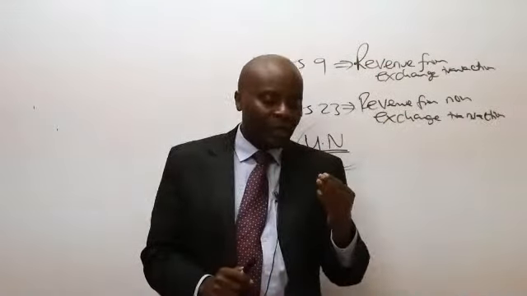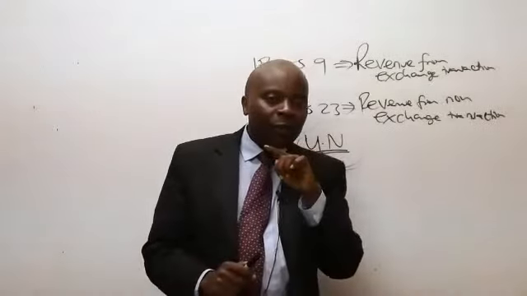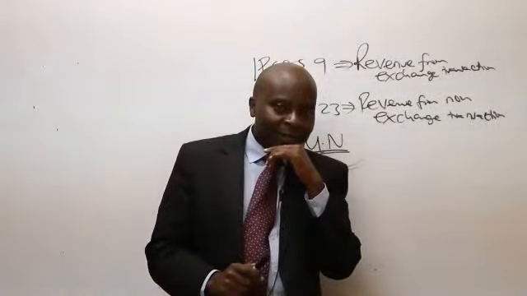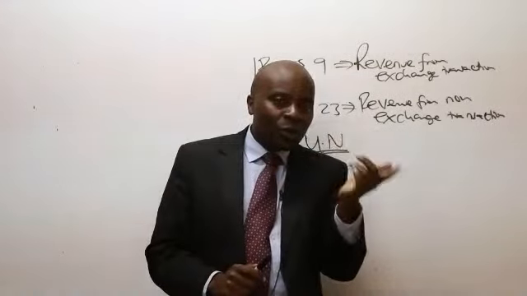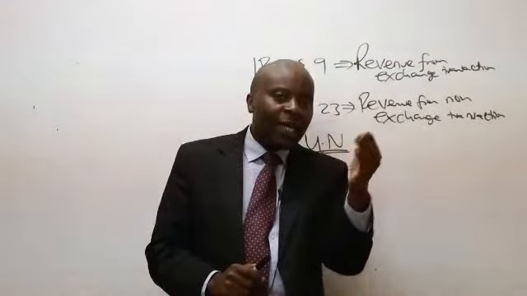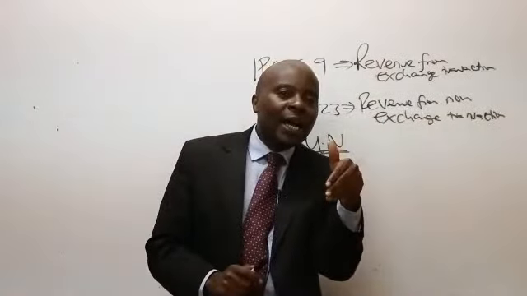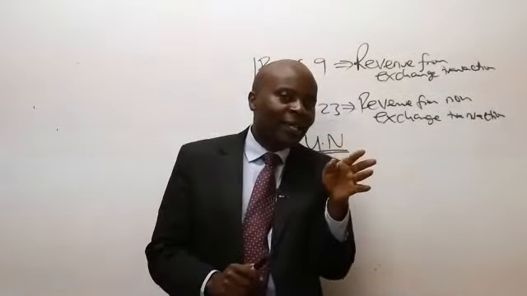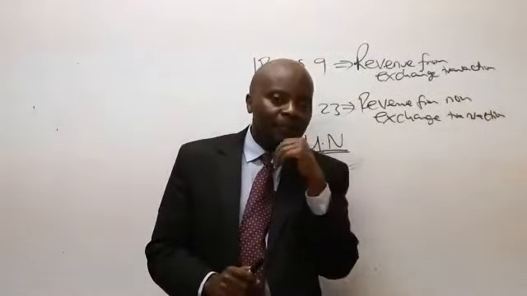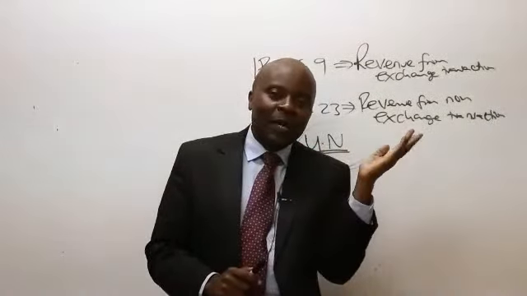For example, like this UN, there are goods that they give out, and as they give out those goods, they get revenue. So the revenue that they have generated here is not out of donations per se. The revenue that they got here, they gave something in return. Look at, for example, our great UN here.